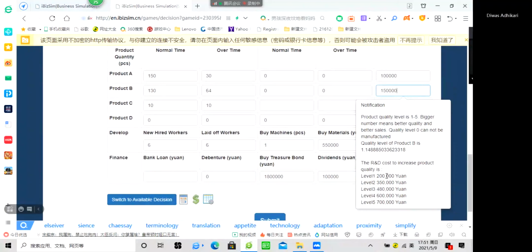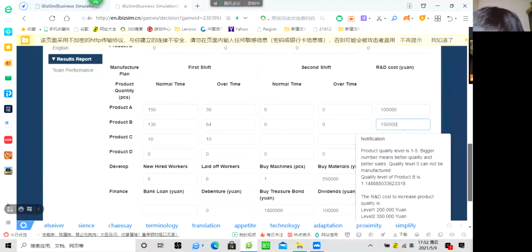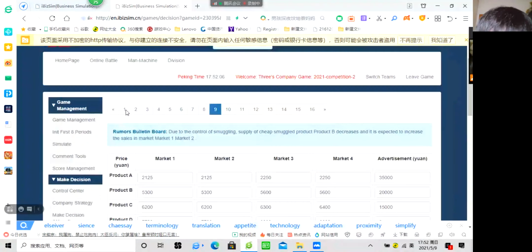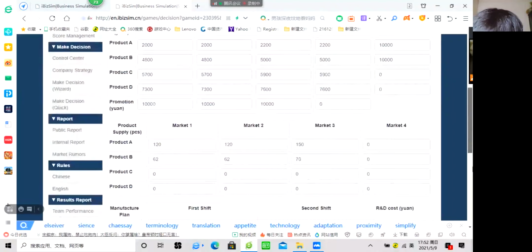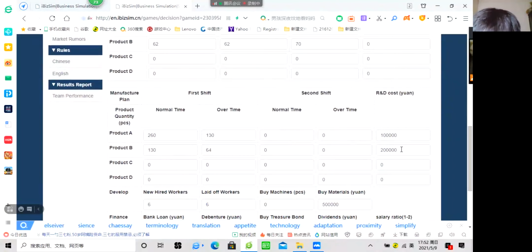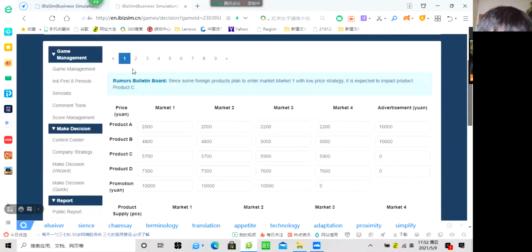Level 1 has been given, so product B can be produced. I just show you, they have given already. So product A and B can be allowed to produce, and you can check that.